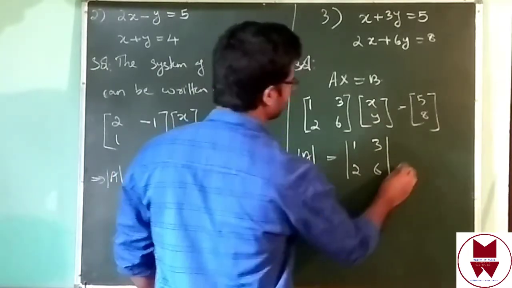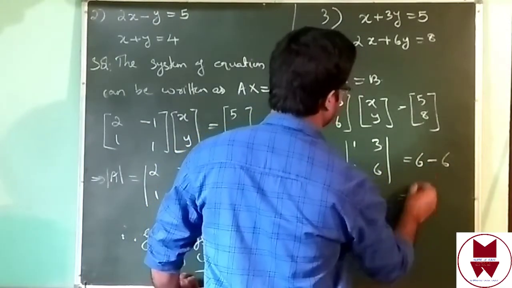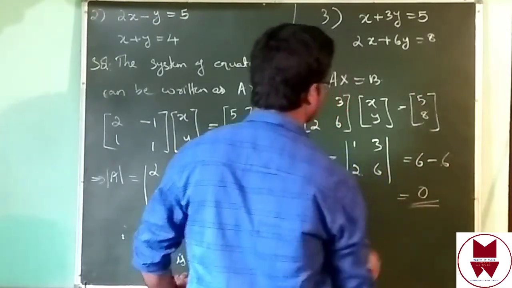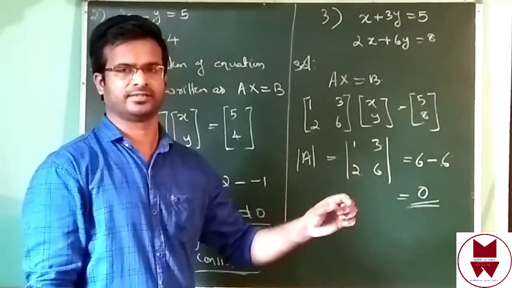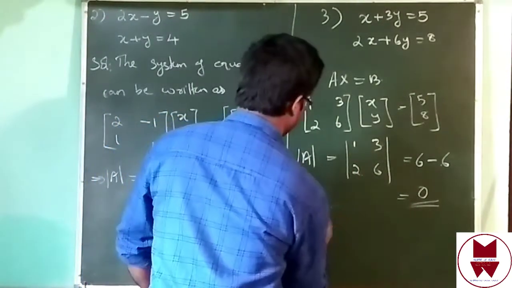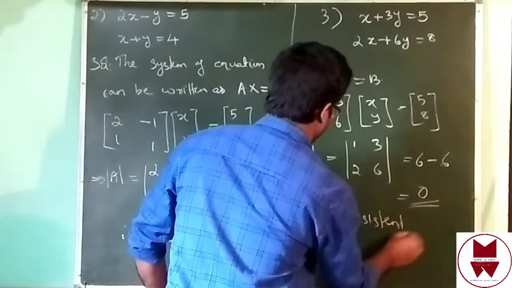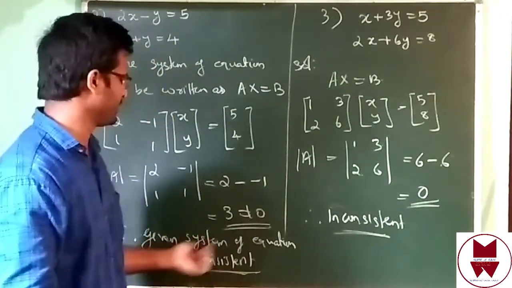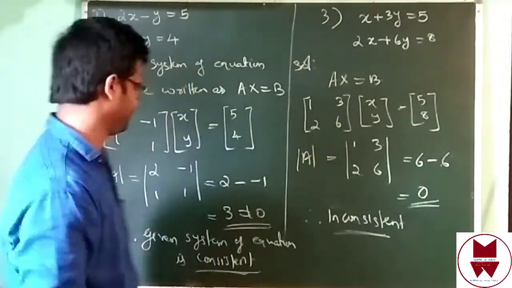Then 1 into 6, 6, minus 2 into 3, 6. 6 minus 6, you will get 0. If you get 0, it means the given system of equations is inconsistent, isn't it? Therefore, inconsistent. We can write that the given system of equations is inconsistent because we got the answer 0.